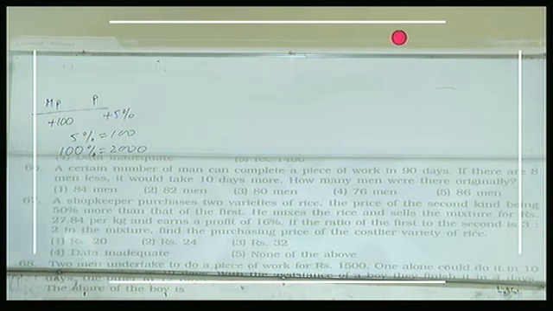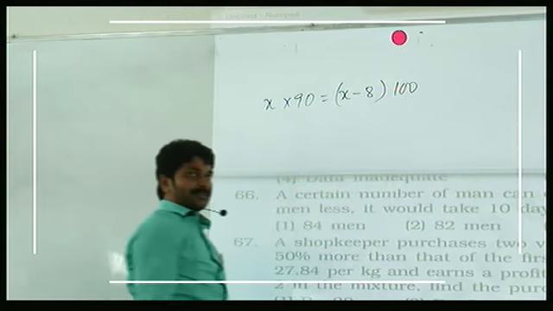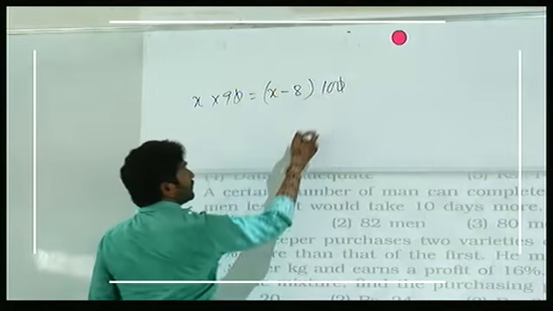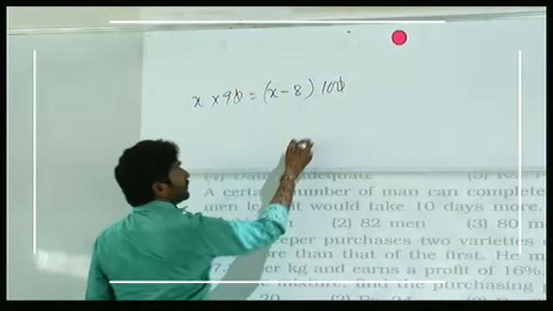And if there are 8 men less, X minus 8, it would take 10 more days. 10 more days in a sense, 100 days. If you solve it, you will get the X value. 9x equals 10x minus 80, x is equal to 80.